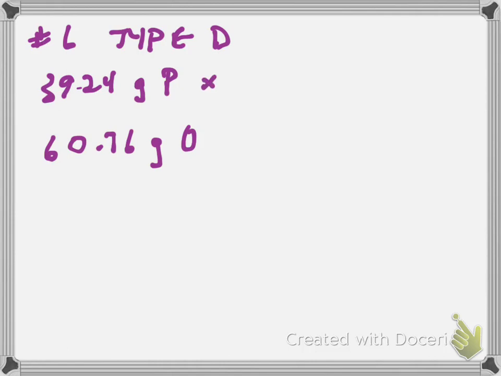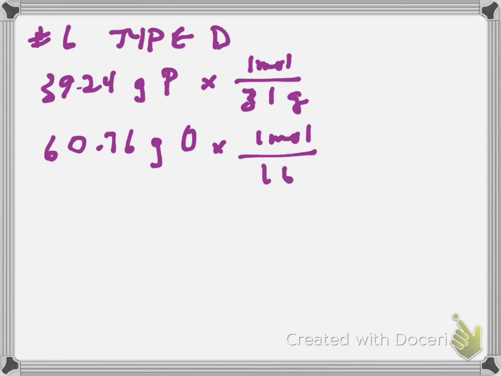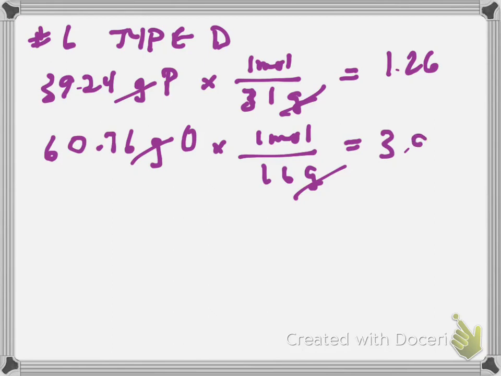Now I do just what I did up top. So I'll show it to you one more time. Now I'm doing a type B problem. I'm converting grams of phosphorus to moles of it. 31 grams per mole. Oxygen, same thing. Everyone should know 16 for oxygen. My grams cancel out. I get 1.26 moles here and 3.79.